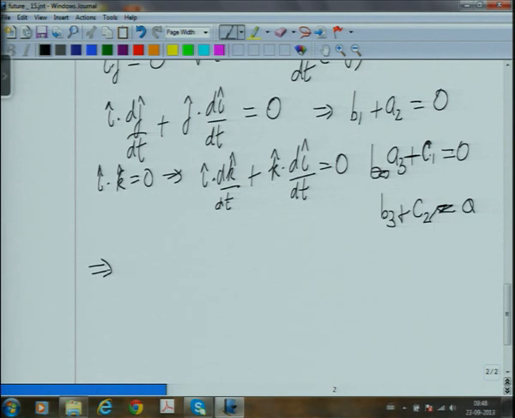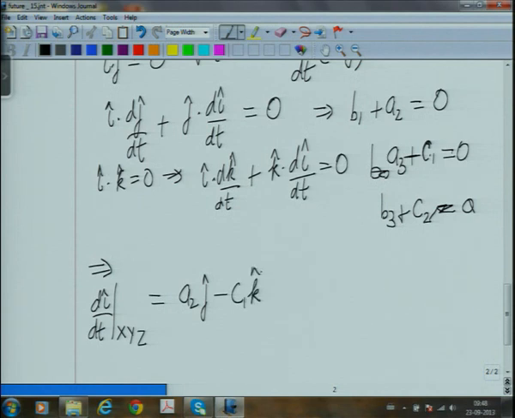So, now once we have this, let us write di by dt with respect to x, y, z. So this is equal to a2 j minus c1 k.